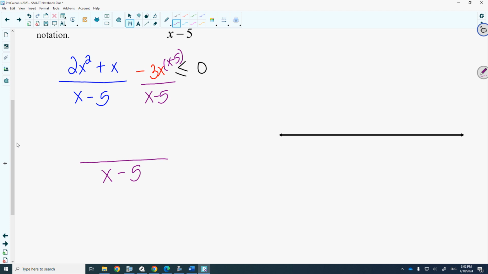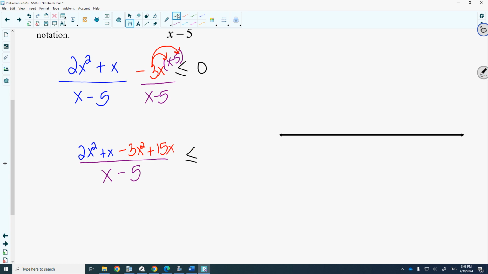My numerator is 2x squared plus x, and then I'm going to distribute in that negative 3x into that bracket. So I want to expand that. So I'm going to distribute this in, and I will get negative 3x squared plus 15x.